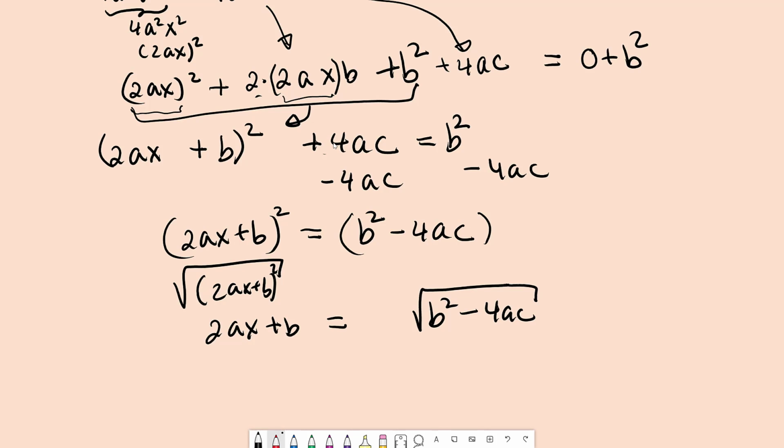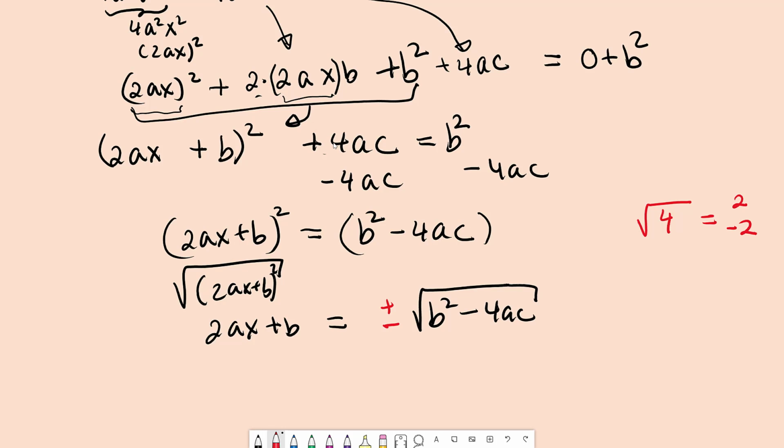Now there's one thing here that we have to add, and it's really important, and that is that when we take a square root of this side, we can take plus the square root or minus the square root. Why is that? If, for instance, we have the square root of 4, well, the square root of 4 can be 2, but it can also be negative 2, because negative 2 times negative 2 is equal to 4.